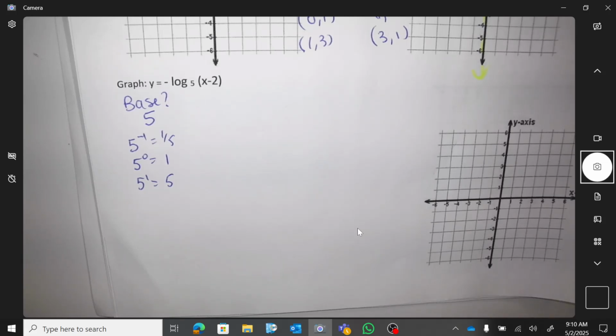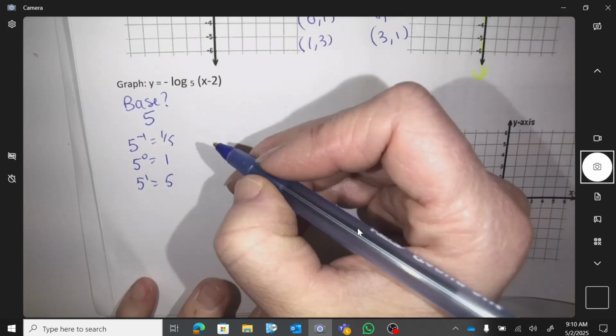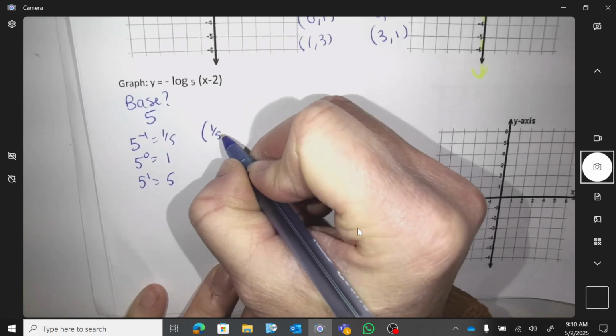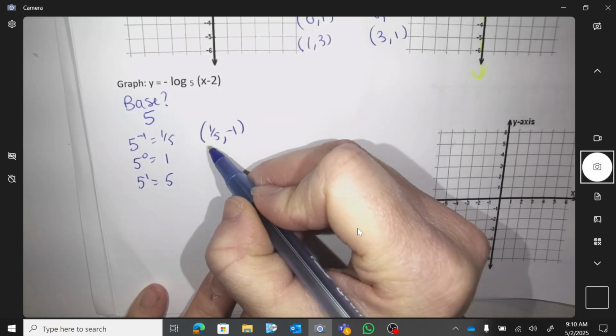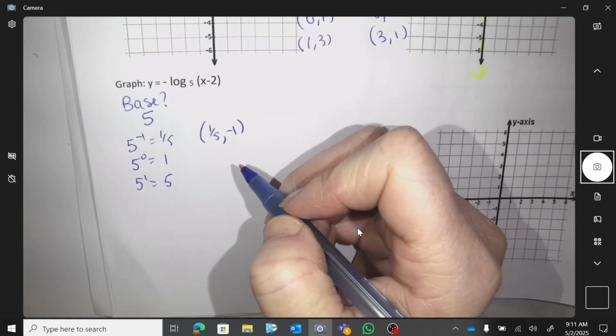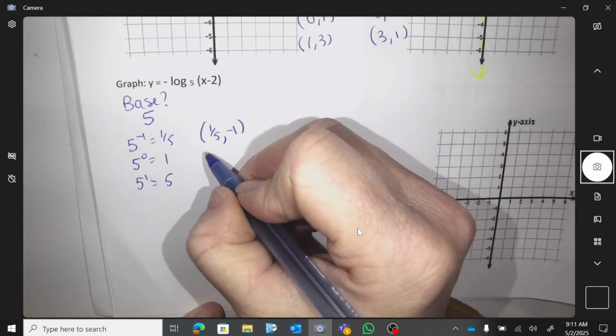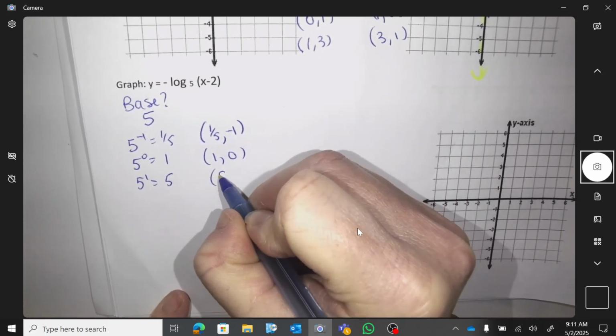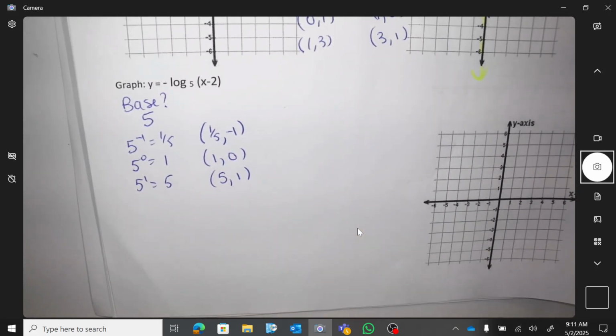Okay, now I did the same thing with an exponential, the start, but now my points are reversed. So the coordinate would be 1/5, comma, negative 1. Result, comma, exponent. Just reversing this from yesterday. So there's my 3 coordinates that I'm going to work with.